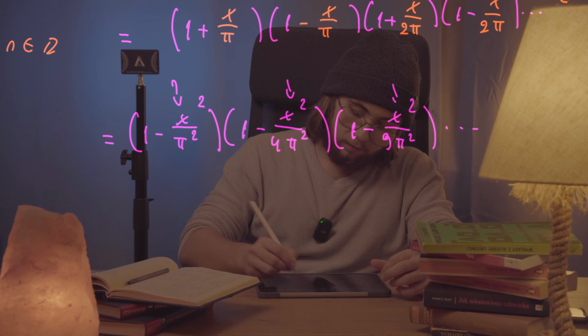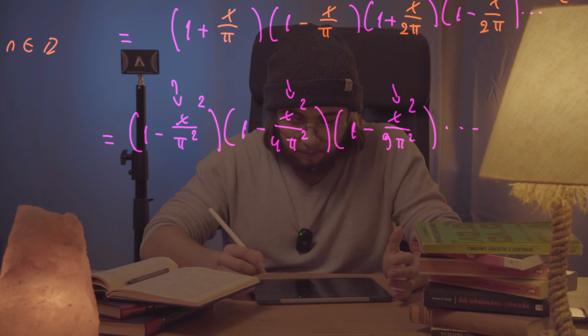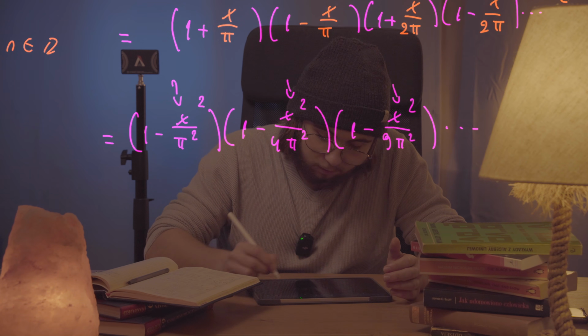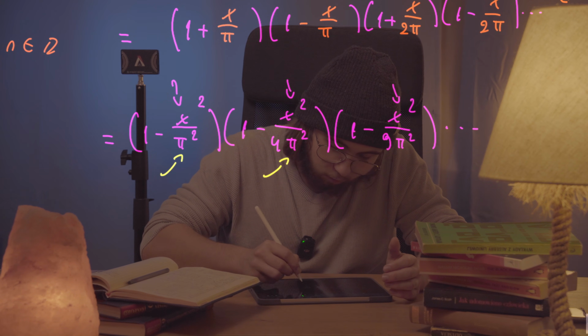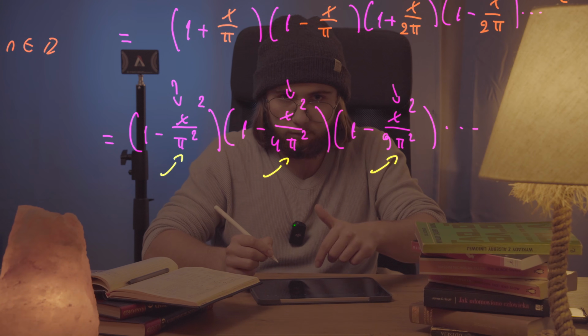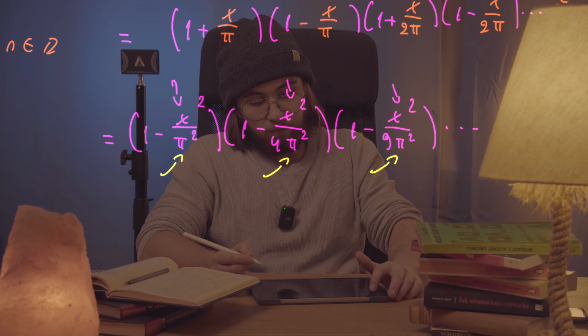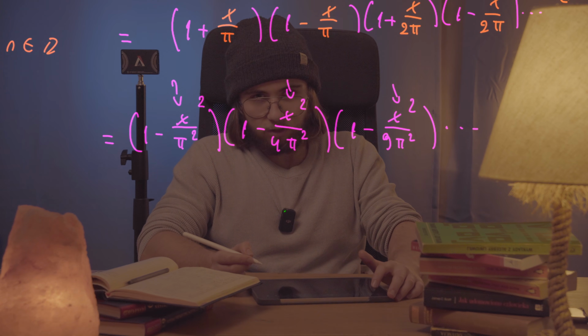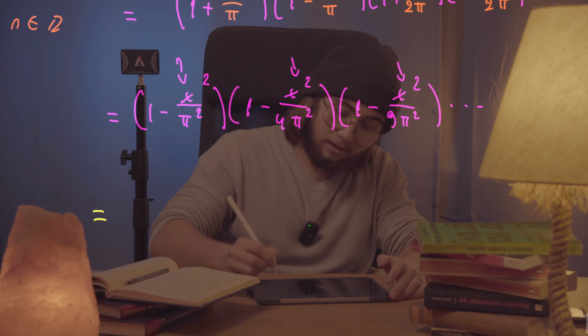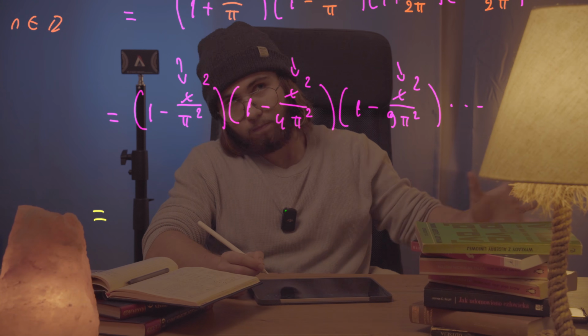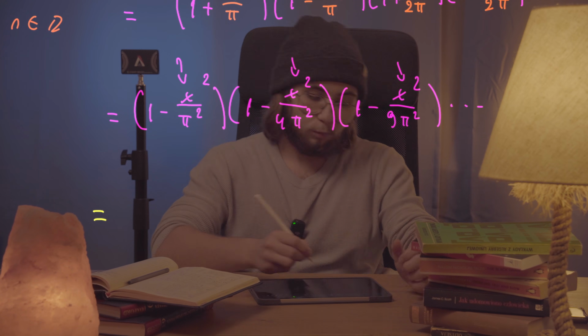What's going to be the coefficient of x squared? Because as you can see, it's probably going to be something that resembles the sum of squares of consecutive numbers, 1, 4, 9 there. Huh. Okay.